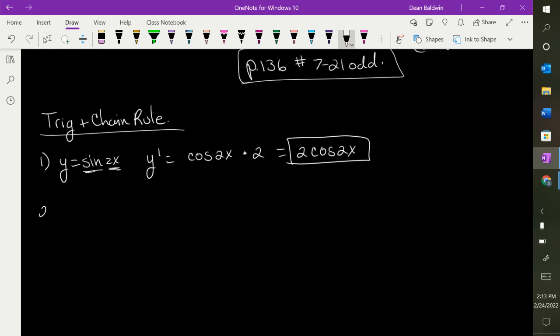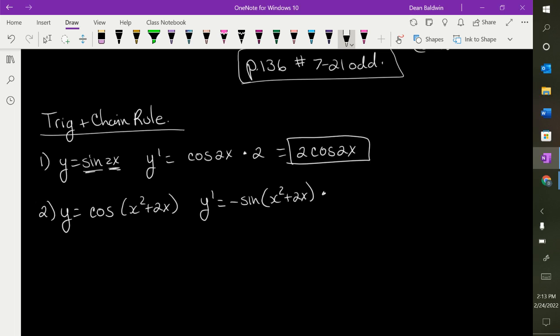Now, what if you have a more complicated function? Cos of x squared plus 2x. Well, it's the same thing. Start with the outside. The outside is cosine. So derivative of cosine is negative sine of whatever was in there. That stays with it. Then you multiply by the inside bit.